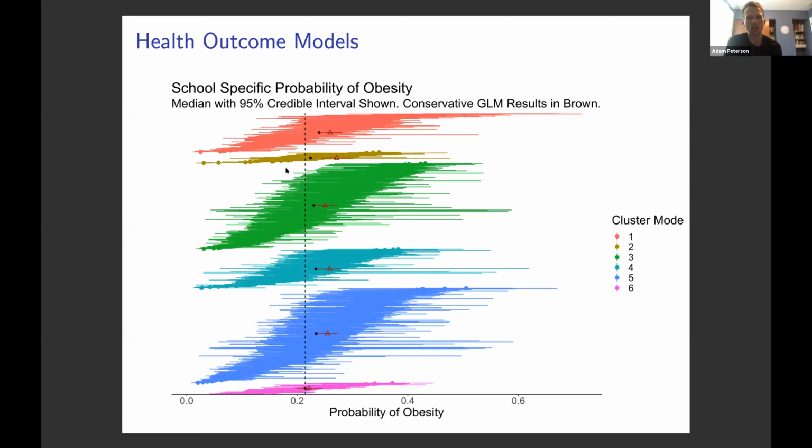If all of these median intercepts were basically at this dotted line, we wouldn't be learning anything from including these cluster specific intercepts. We could just use the global intercept. Alternatively, you could think of it in the sense of reference cell coding in a logistic regression.